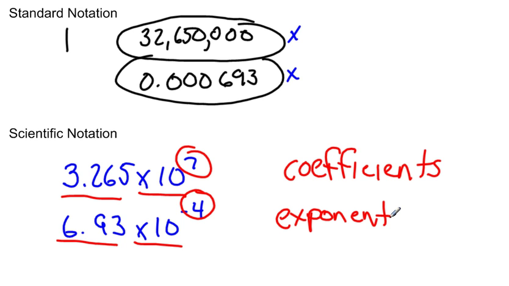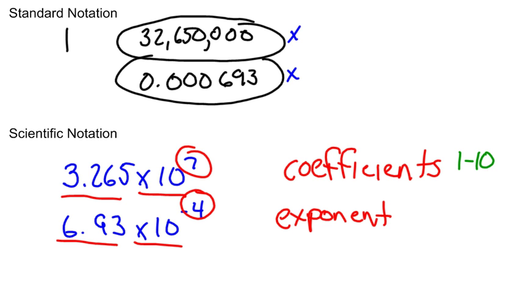Also, when we're talking about the qualifications of each of these, a coefficient, if it's in proper scientific notation, must be between 1 and 10, 9.9999999.